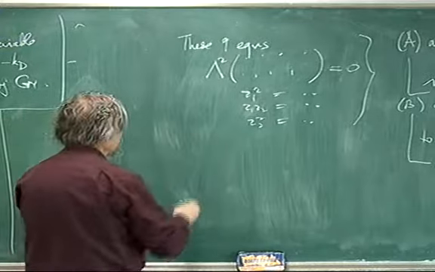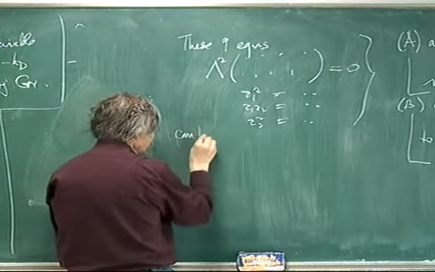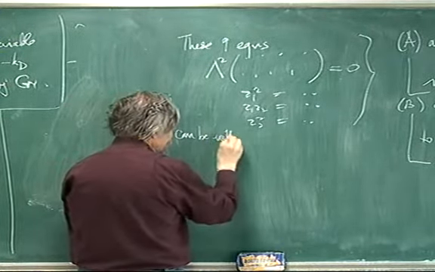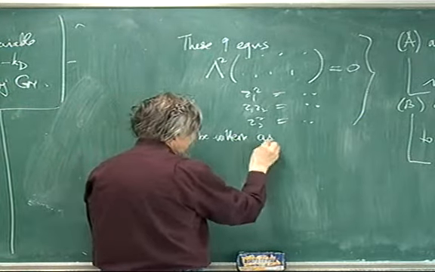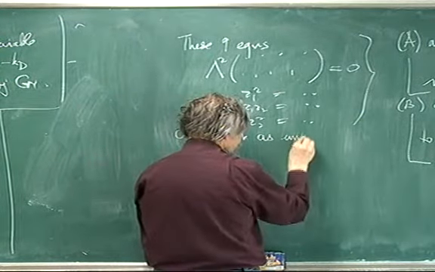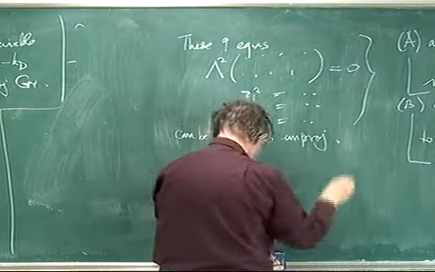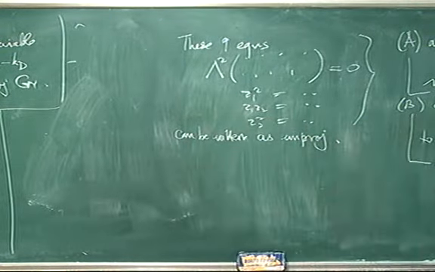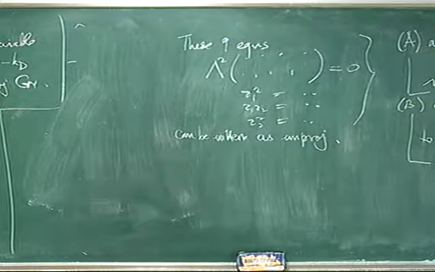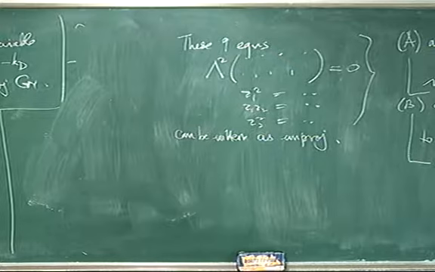Right, they can be written as unprojections. Okay, so that's the advantage of all of this kind of language. It's the advantage of taking these polynomials in T1 and T2 and treating them as tokens, right?